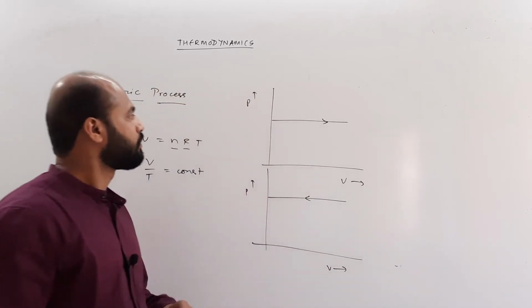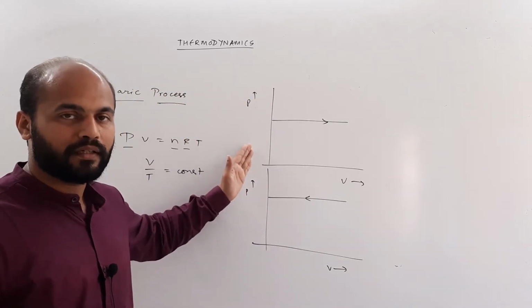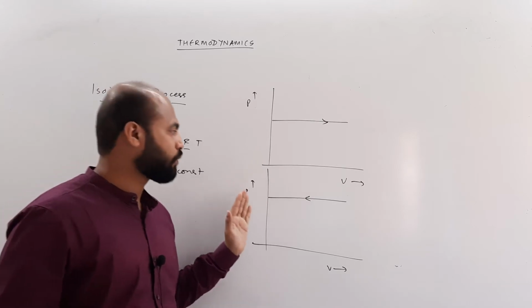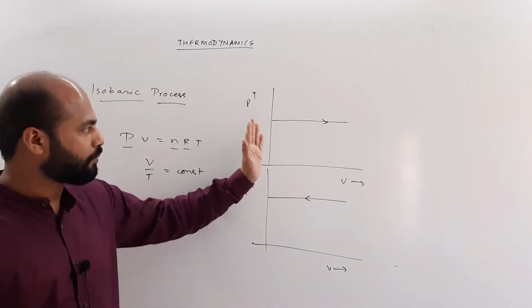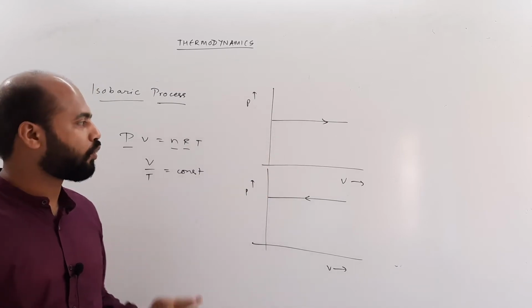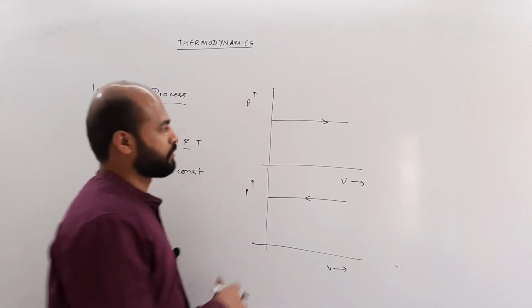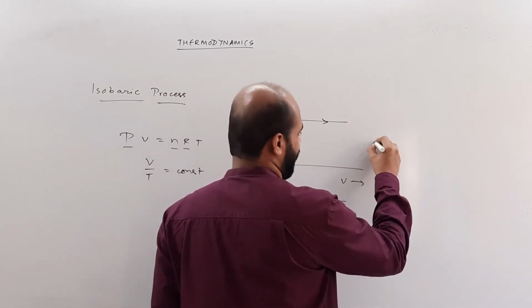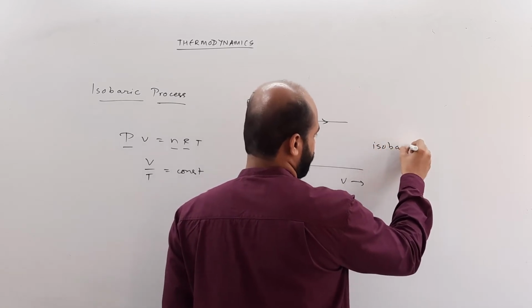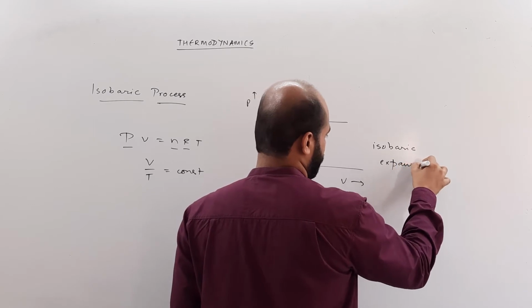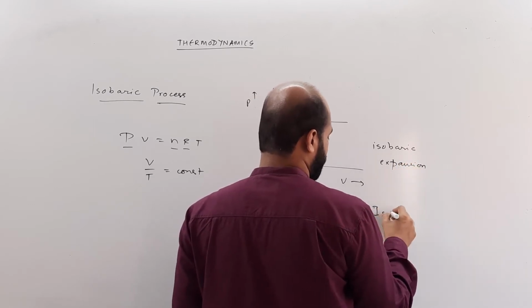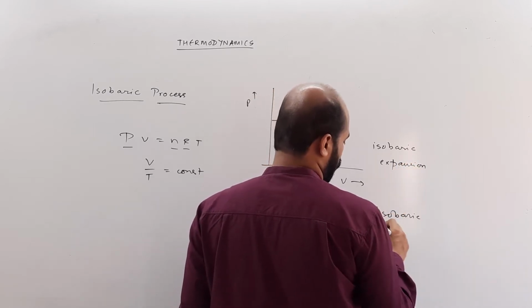It's because this one is for isobaric expansion and this one is for isobaric compression. Here the volume is decreasing, here the volume is increasing, and at that point the pressure is constant. So this is isobaric expansion and this is isobaric compression.